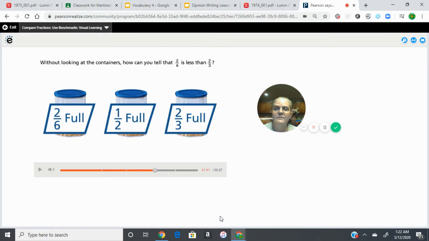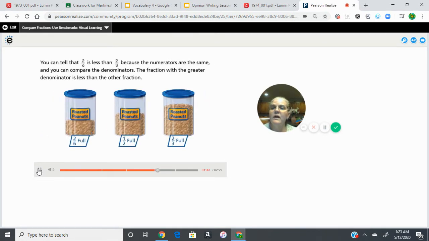Okay, so remember we talked about if you're going to take that same container and divide it up in 6 ways, you're going to have smaller sizes in your groups than if you broke it up into 2 or into 3 groups. So that number is going to be very important to look at, the denominator. You can tell that 2/6 is less than 2/3 because the numerators are the same, and you can compare the denominators. The fraction with the greater denominator is less than the other fraction.